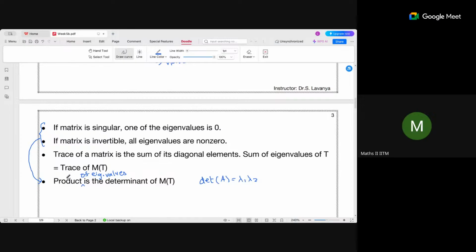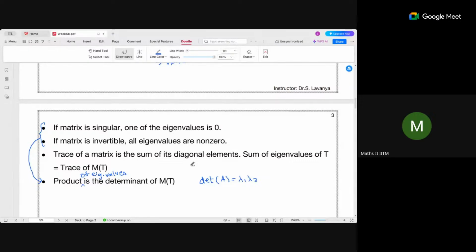So you see that these two properties are just a result of this main property, that the determinant is the product of eigenvalues. And also the trace, which is the sum of diagonal elements, is the sum of eigenvalues. Okay. So these are some important properties which we should notice.